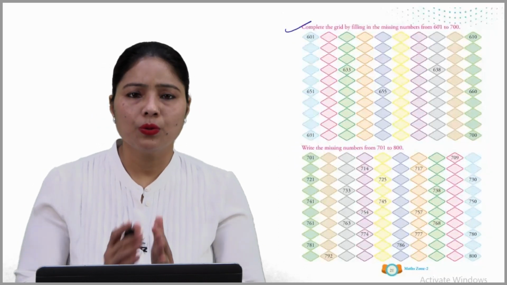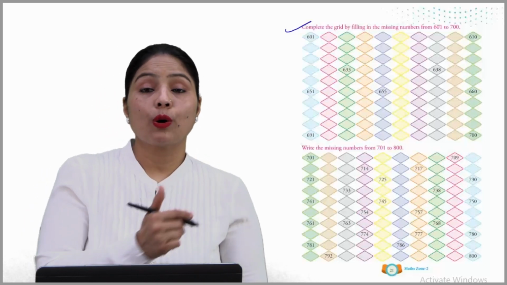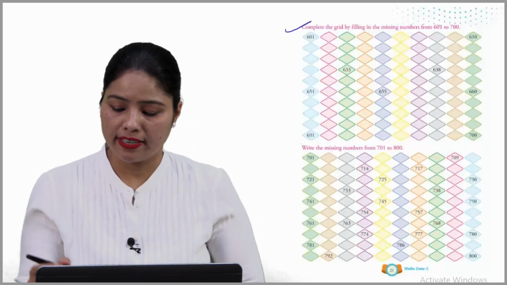So now complete the grid by filling in the missing numbers from 601 to 700.